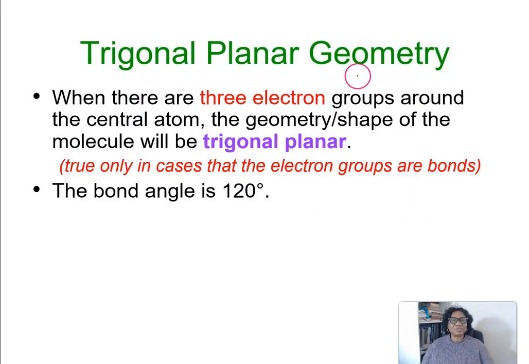Trigonal planar geometry. This is when we have three electron groups around the central atom. Please note, the electrons are bonded. And the bond angle is 120 degrees.